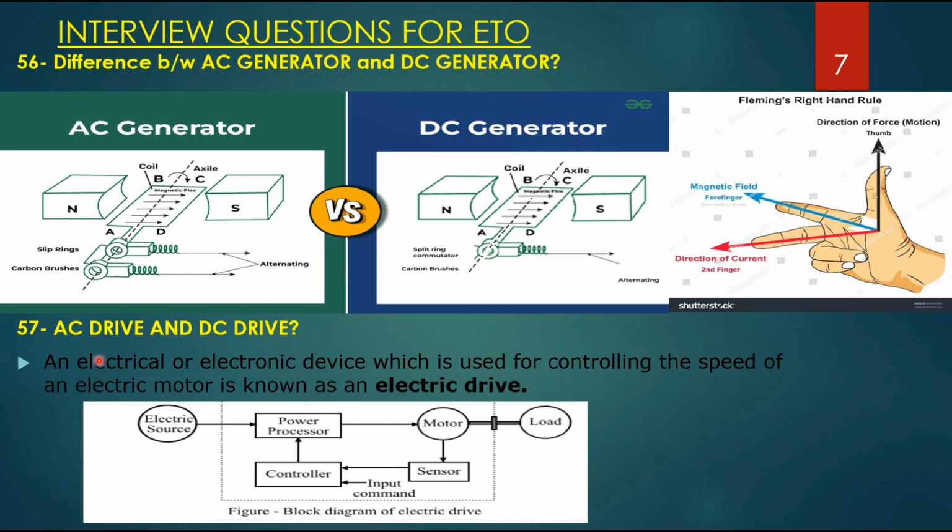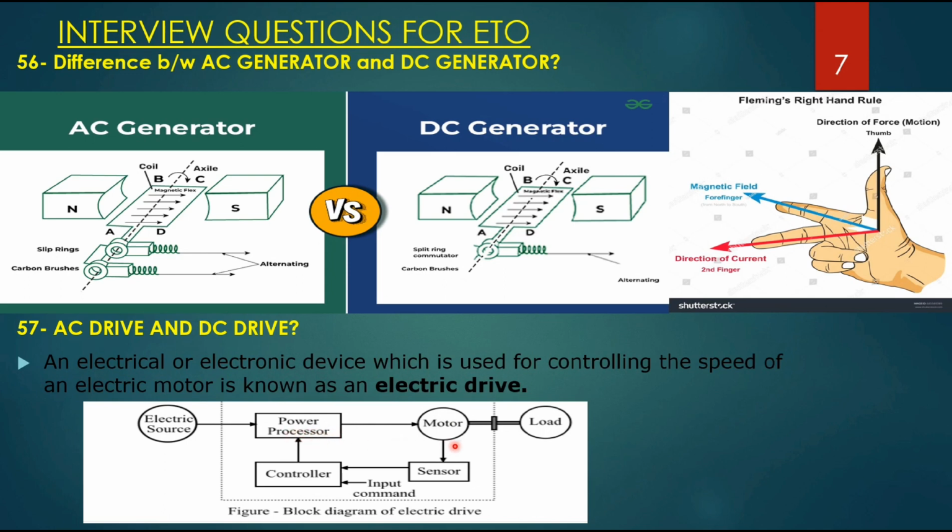And our 57th question is, what is an AC drive and DC drive? An AC or DC drive is an electrical or electronic device used to control the speed of an electric motor. Here the motor and load are connected, and you give the electrical source, and we want to control the speed of the motor.